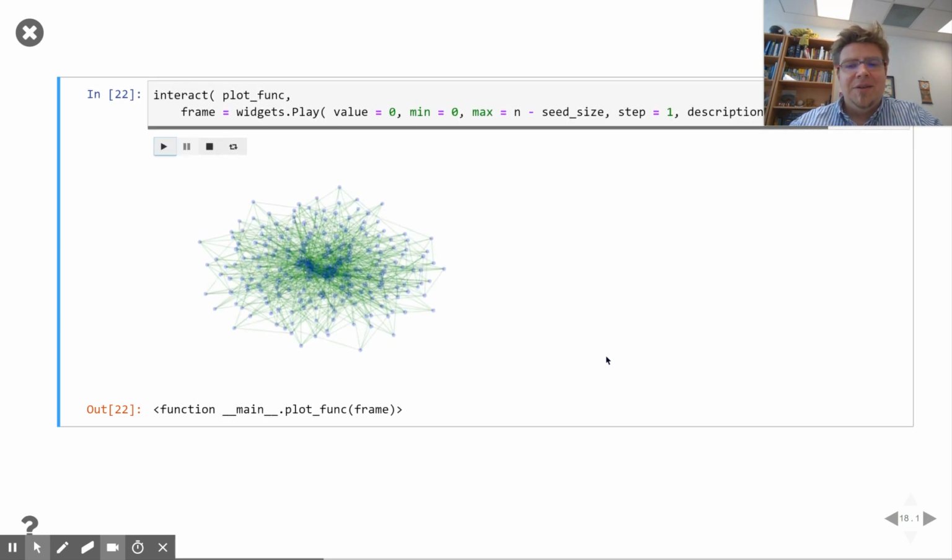But how does it choose which vertices it connects to? It is not at random, but rather the probability that a new vertex is connected to a previously existing vertex is proportional to the degree of that previously existing vertex, right?